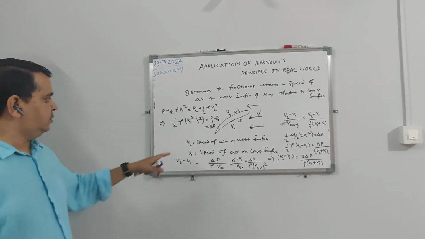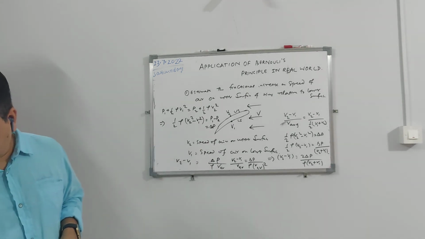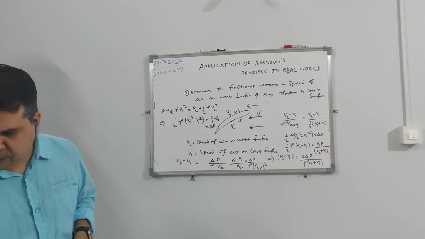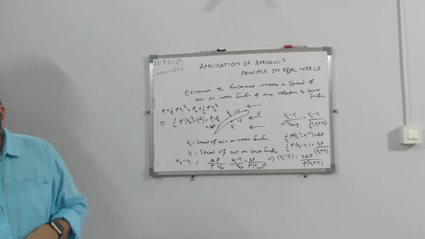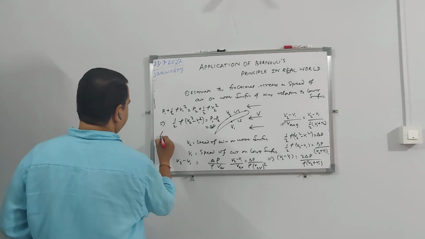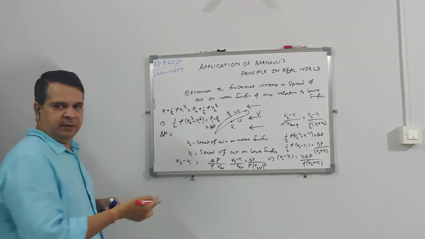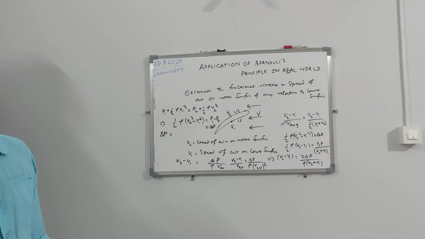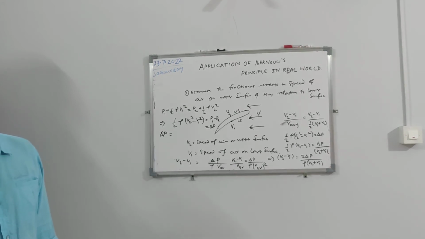You already have your delta P as 6.5 into 10 to the power 3 Newton per meter square. We have already calculated it in the first part as 6500 Pascal.